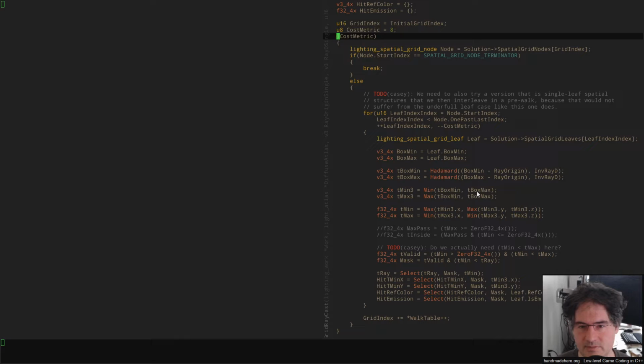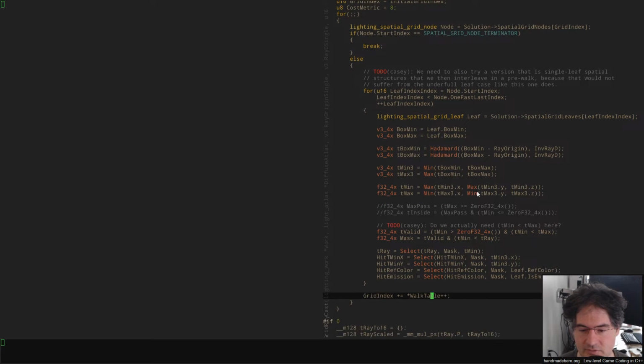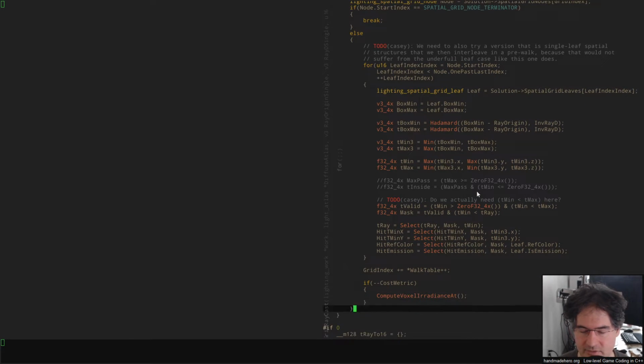It could be that we really want to do this instead: if we exited here, we know that we don't need to do a lookup, but maybe here we would just say if the cost metric has decremented to 0, then we do a compute voxel irradiance.